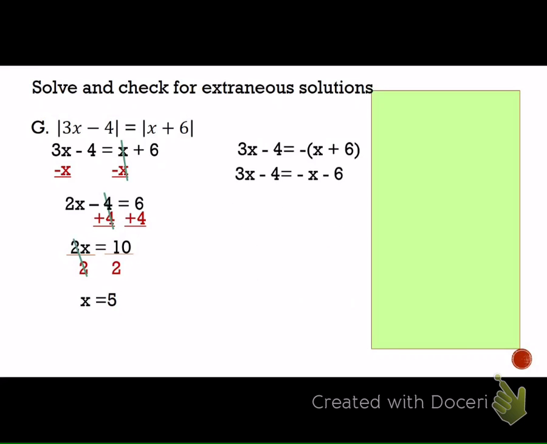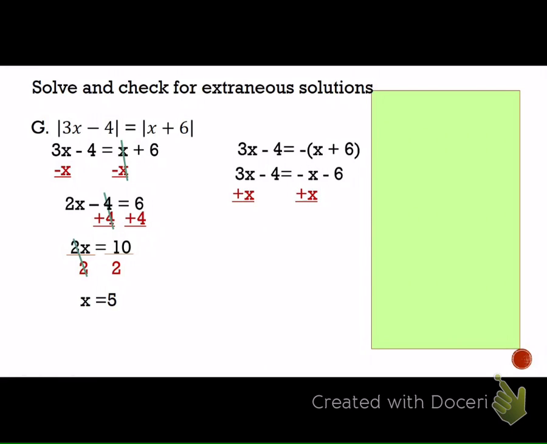On the other one, you have to first distribute the negative. It's like multiplying the terms inside the parentheses by negative 1. Now you get your x's together. So I'm going to now add 1x to both sides.